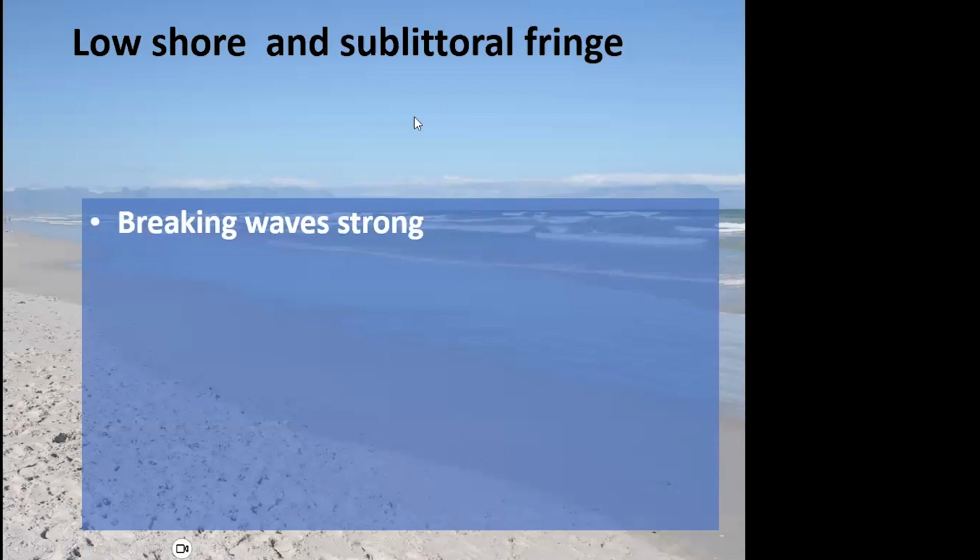Right, the last zone that we look at in terms of this environment is your low tide or low shore zone, or your low littoral fringe. This is where the waves are at their strongest. So breaking waves, quite strong, and with that, it's creating a lot of turmoil, milling up the sand.